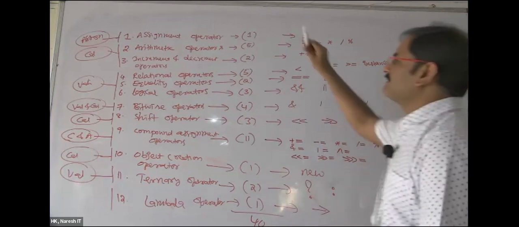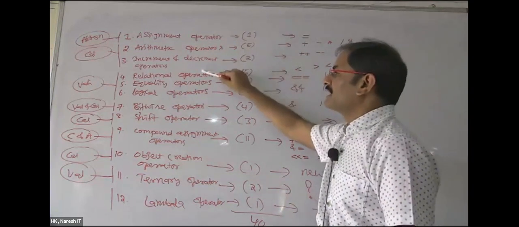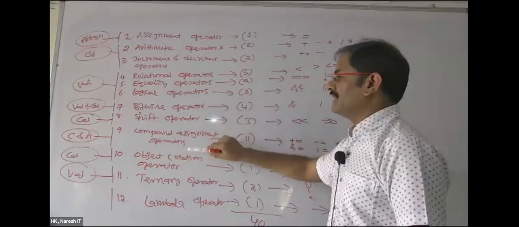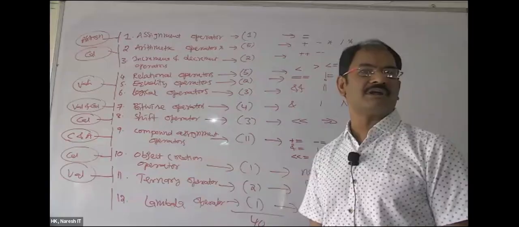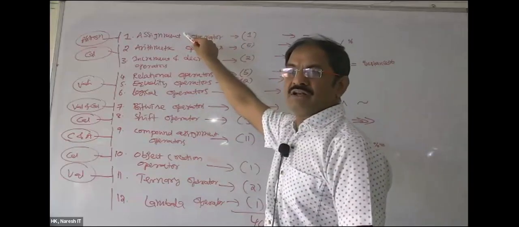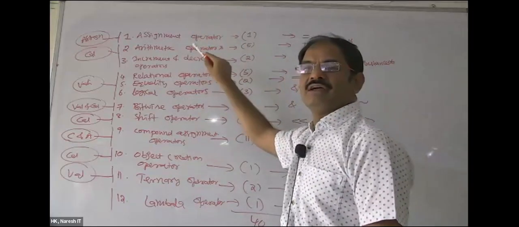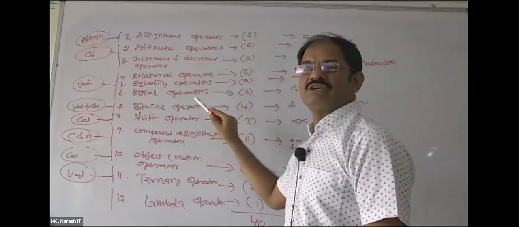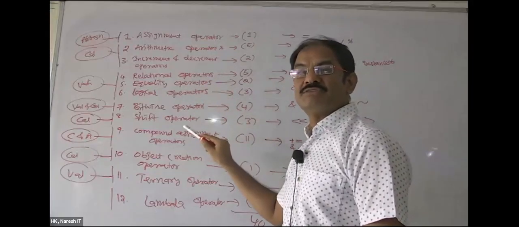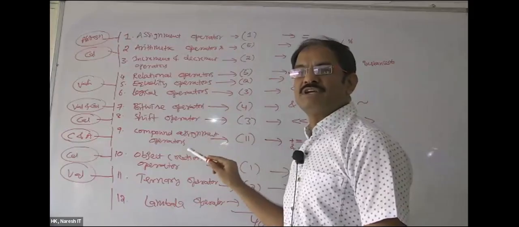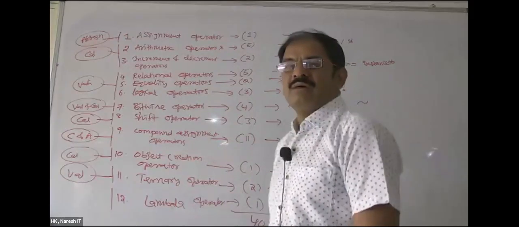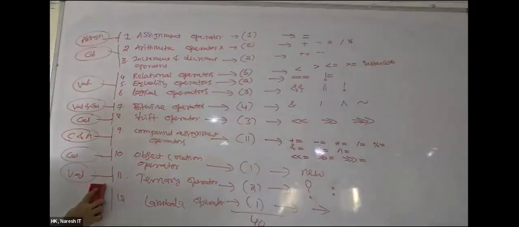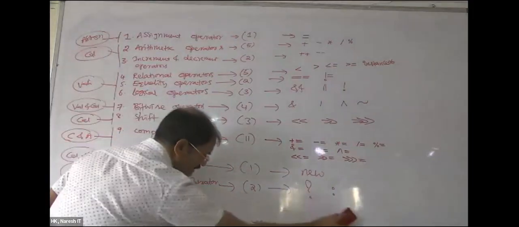First always assignment. After assignment, calculation. After calculation, validation. Then combination operators. What is that? Assignment operator. Next, arithmetic operator. Next, incrementing, decrementing, relational, equality, logical, bitwise, shift, compound assignment, object creation, ternary, lambda operator. So simple. Come again. What is the last operator? Lambda operator. Super.